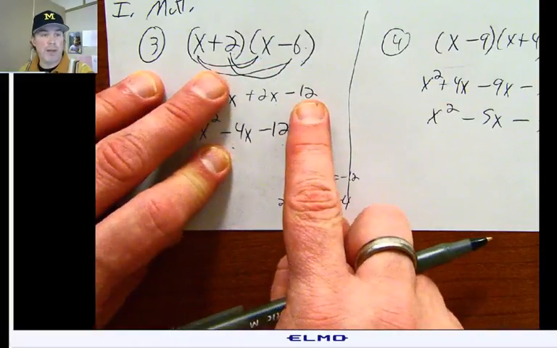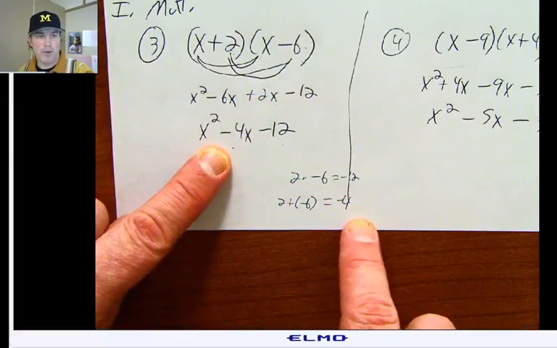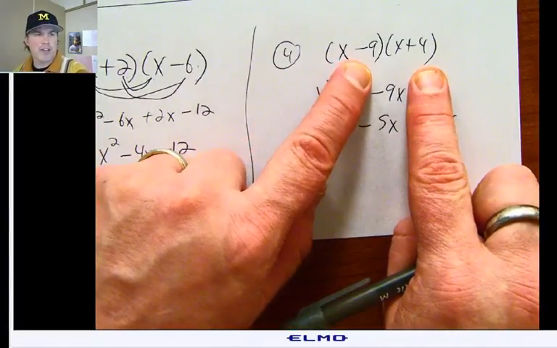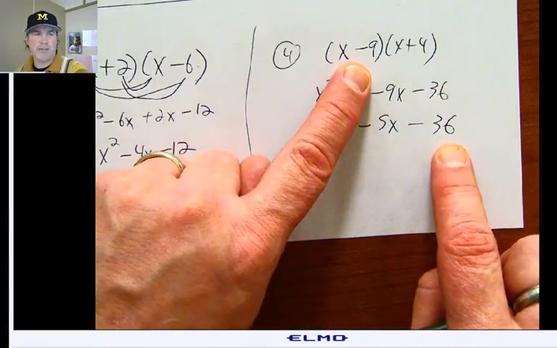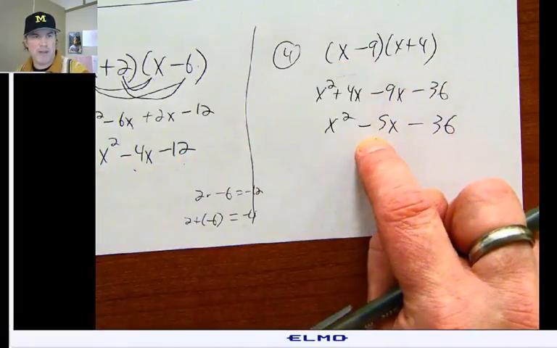So when I multiply them, I get the final term. When I add them, I get the middle term. Does the same thing apply over here? Negative 9 times positive 4 is negative 36, and negative 9 plus 4 is negative 5. So that's your pattern. Some factoring.